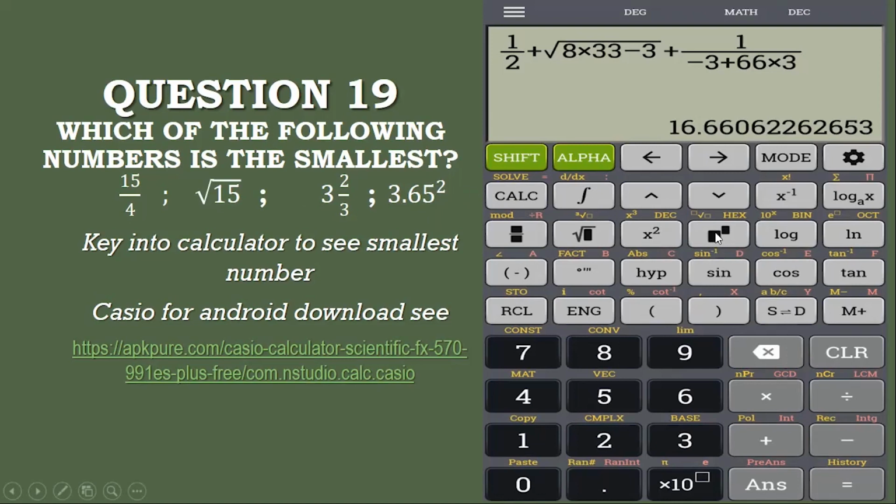And the way that you move from that one to that one is by the arrow. You move to the side. Okay. So I said key into the calculator to see which is the smallest number, and this is the link for Casio Android.